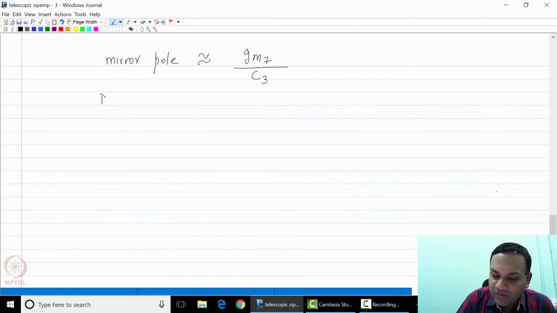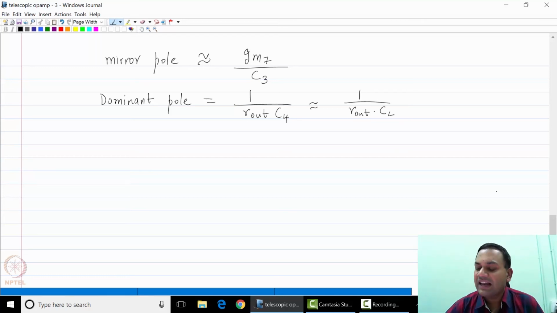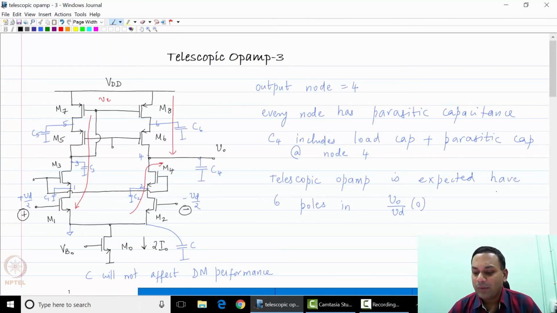Therefore, the dominant pole of the system is 1 over R out times C4, which is approximately 1 over R out times CL, where CL is the load capacitance. I will assume this is large enough to dominate the frequency response at that node. So this is the frequency response of the amplifier.